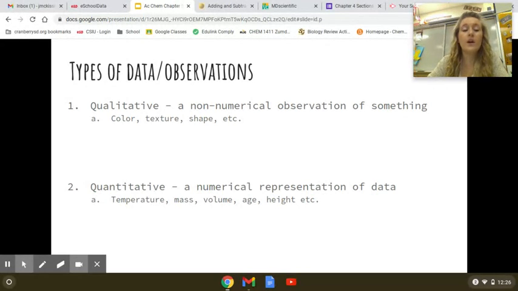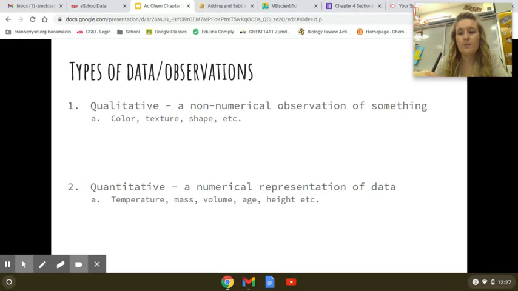And then you have quantitative data, and think quantitative, quantity, so an amount of something or a numerical representation of something with a number. And this could be a temperature reading, mass, volume, age, height, anything like that. So anything with a number is going to be quantitative, and anything without a number is going to be qualitative.